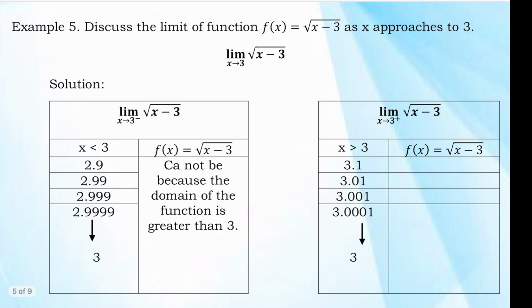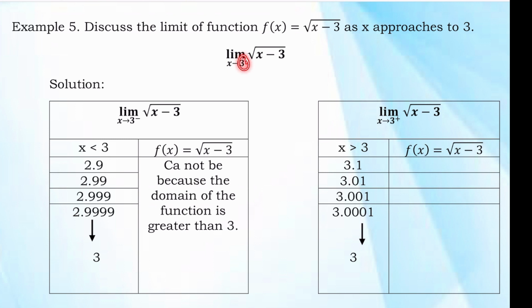Example number 5. Let's discuss the limit of the function f of x equal to the square root of x minus 3 as x approaches 3. So the limit of the square root of x minus 3 where x approaches 3. We're going to use numbers approaching 3 on the left side and on the right side.